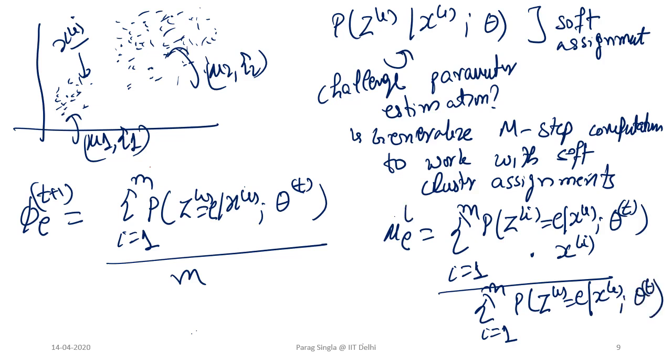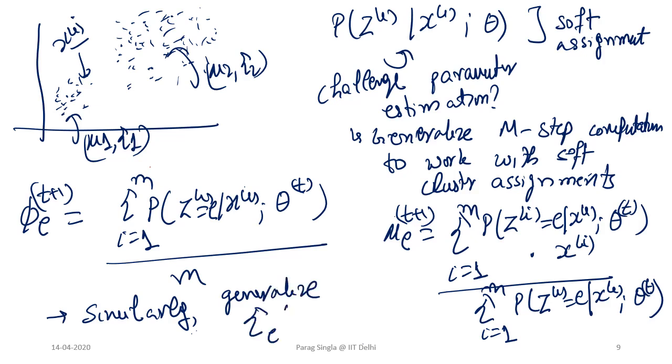And this is essentially your parameters at time t plus 1. And I will not derive this here, but similarly, generalize or compute sigma L at t plus 1 in terms of soft assignment.